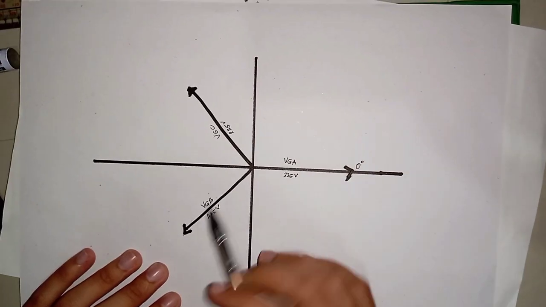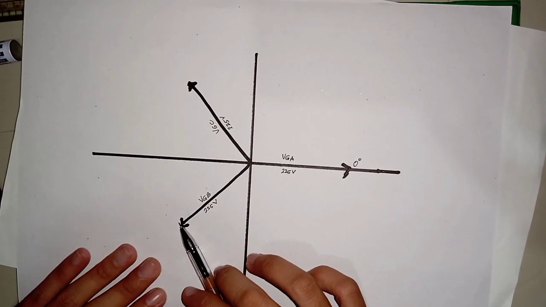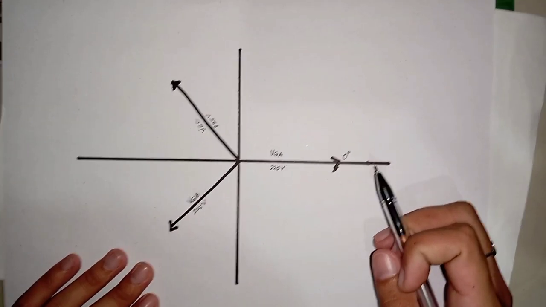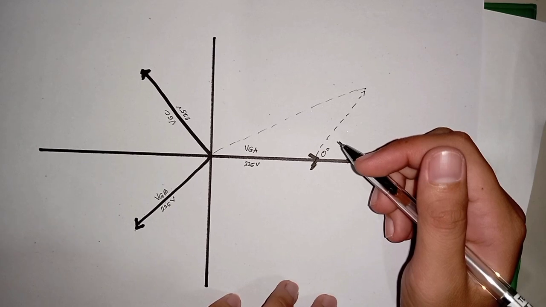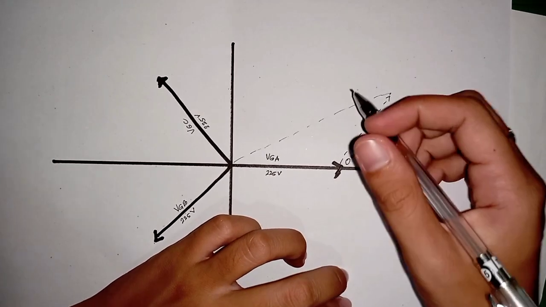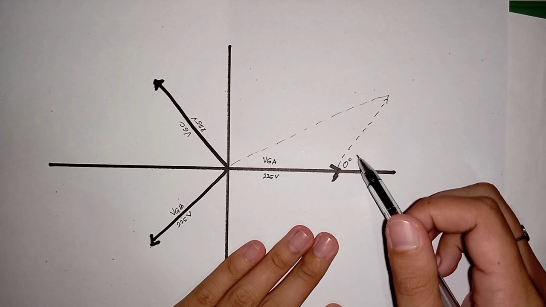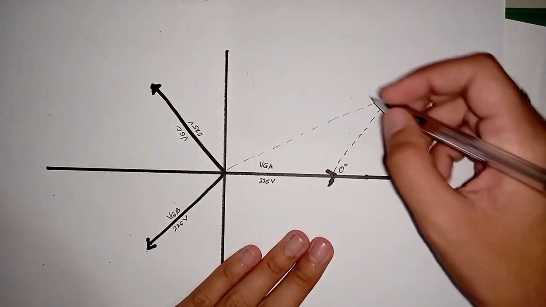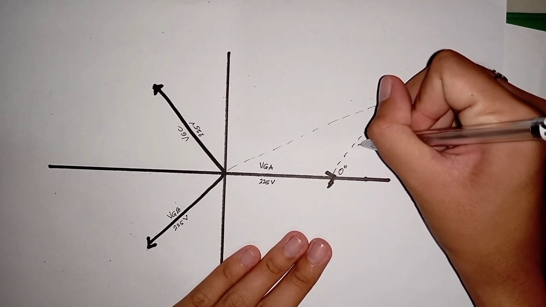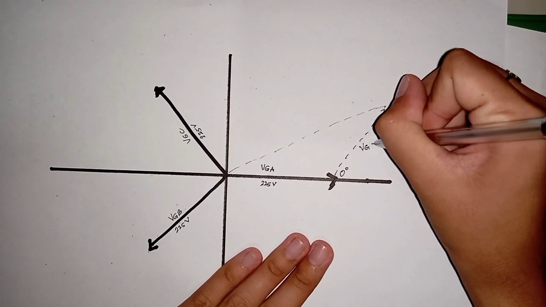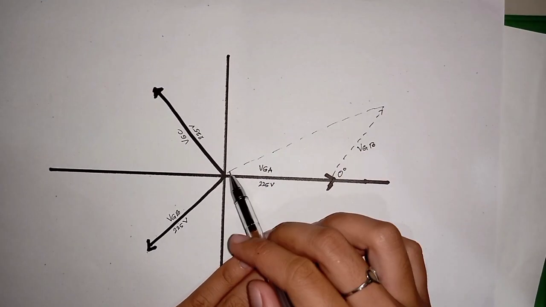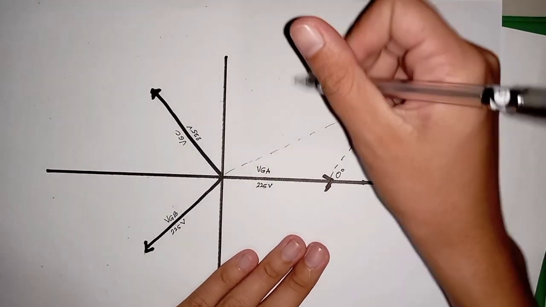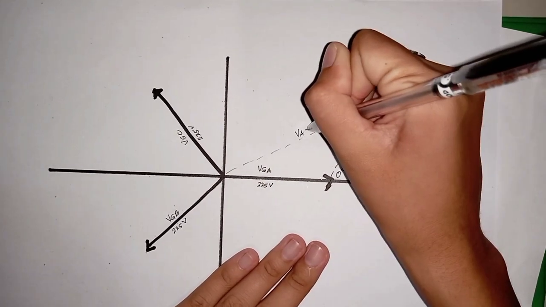Since this is negative, we rotate it by 180 degrees. So our VGB is here, and the resulting vector would be our VAB.